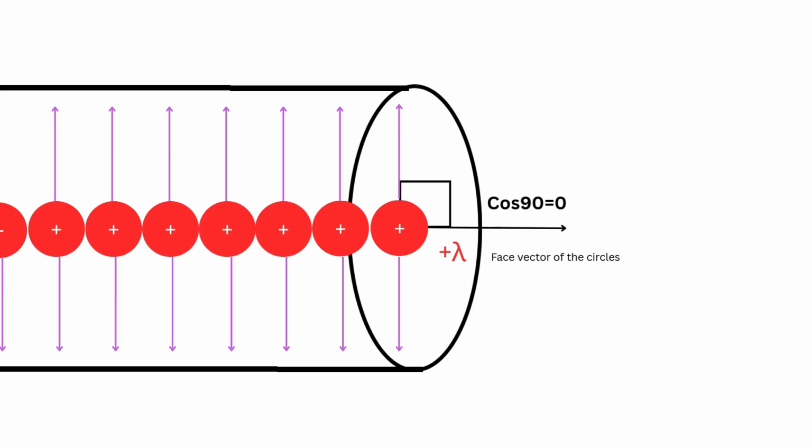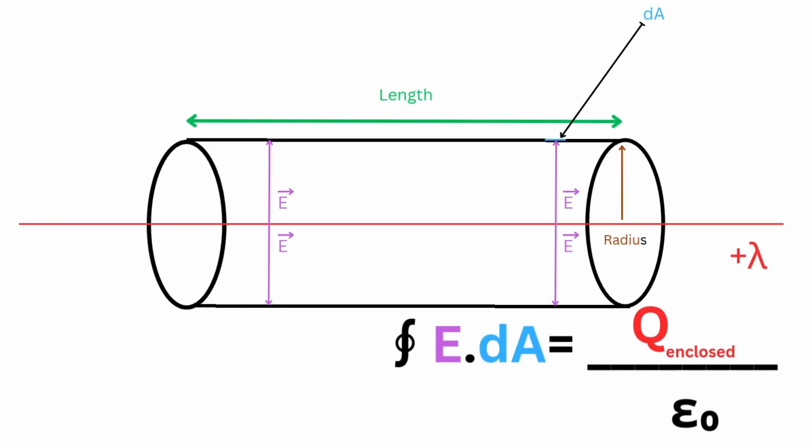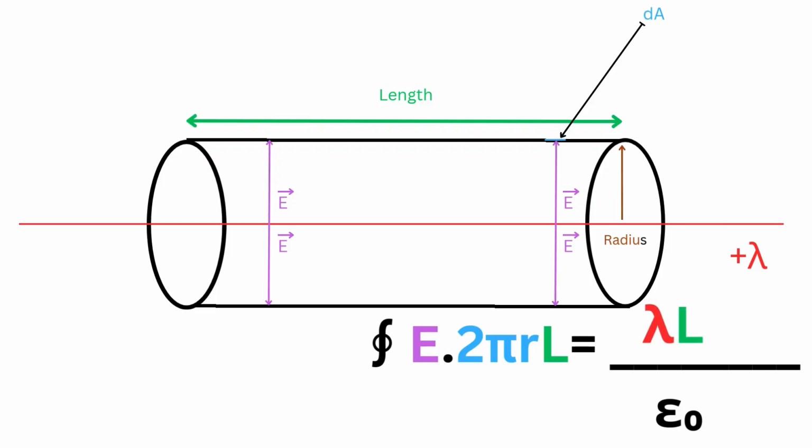Considering the factors that my team members introduced on Gauss's law, the sole contribution to the total outward flux arises from the lateral curved surface, where E acts radially outwards. The lateral symmetry of a line charge allows E to possess the same magnitude everywhere on the lateral surface. Thus, the radial electric field exhibits the characteristic dependence of E proportional to 1 over r.